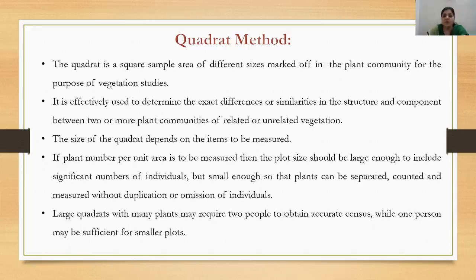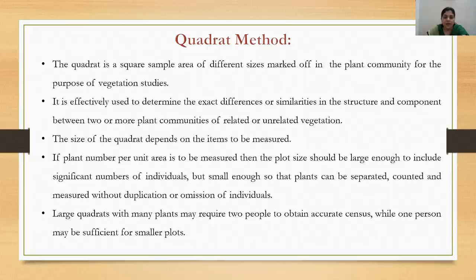So the plants present in that specific area may be related to each other or unrelated. There may be one or two specific plant communities. The exact differences and similarities can be studied by using this method.